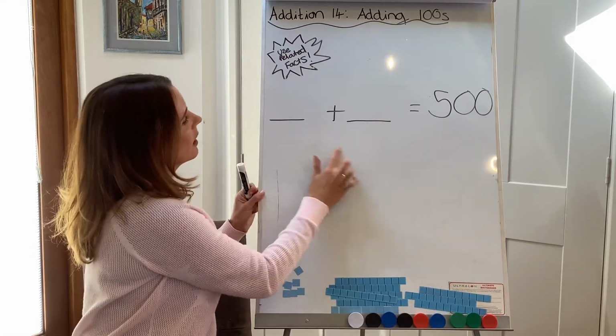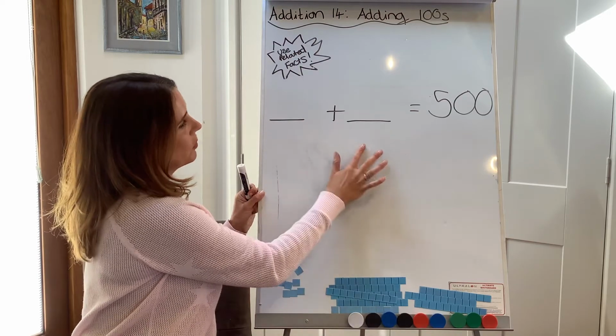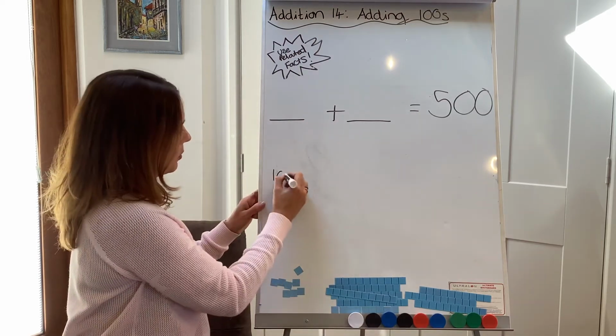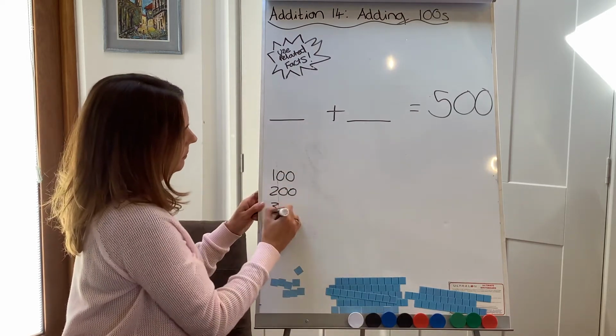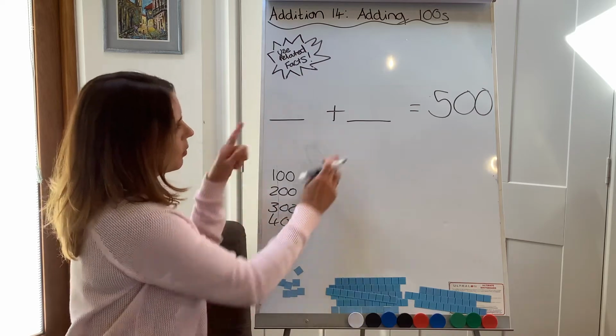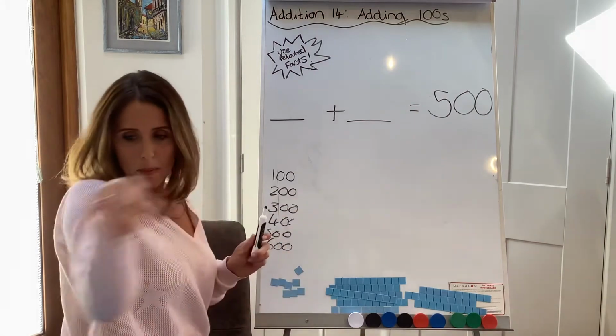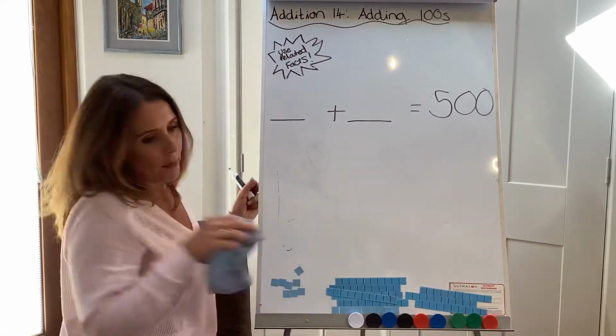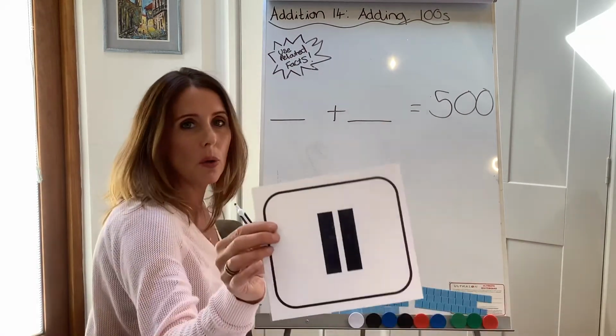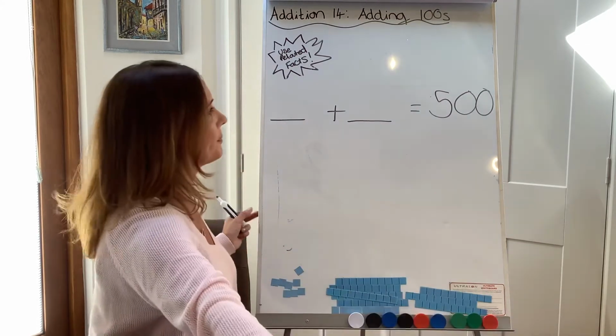What multiples of 100, so answers in the 100 times table, could each of these be? Have a think about that. So pause it. What could those numbers be?